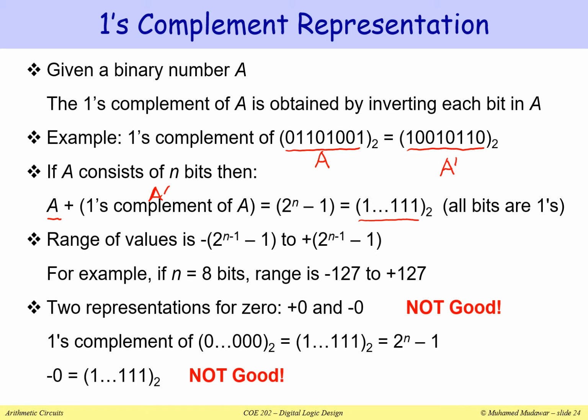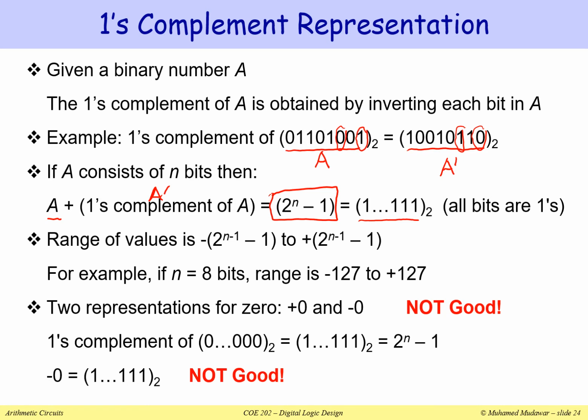So if a bit in A is equal to a 1, then the complement will be 0, and if it is a 0, then the complement will be 1. So basically, if you add A plus A prime, all the bits are equal to 1s. What is the unsigned value if all the bits are equal to 1s? It will be 2 to the power n minus 1, because we are using n bits to represent the number. Remember that A plus A prime is equal to 2 to the power n minus 1.